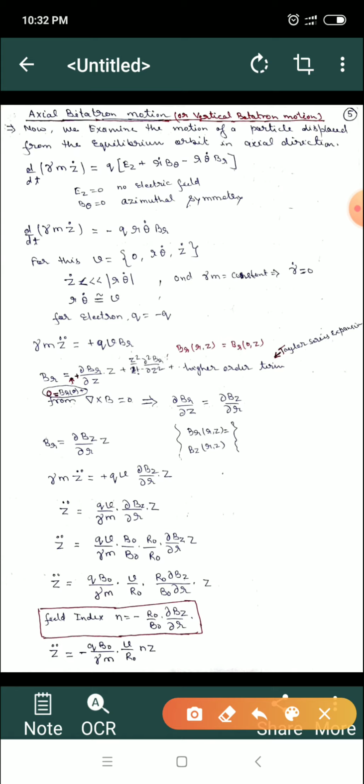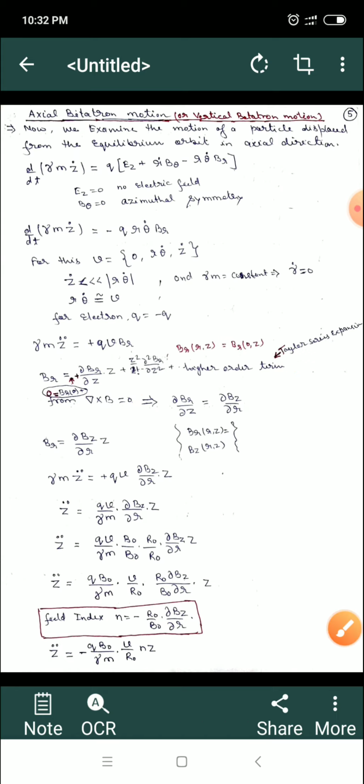So del B_r upon del z times z is where it starts. For the magnetic field, del cross B is equal to 0 because there is no space charge or space current, so J is equal to 0. If we find del cross B, we get del B_r upon del z will be equal to del B_z upon del r.